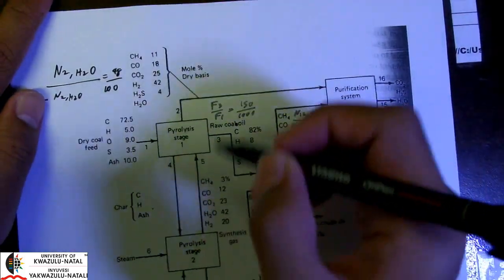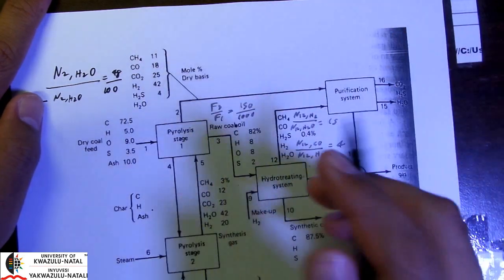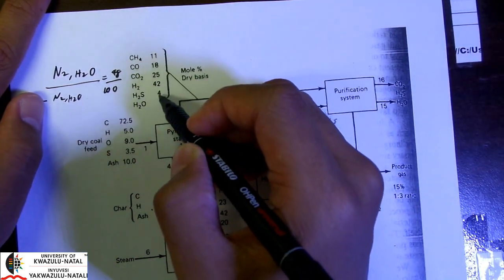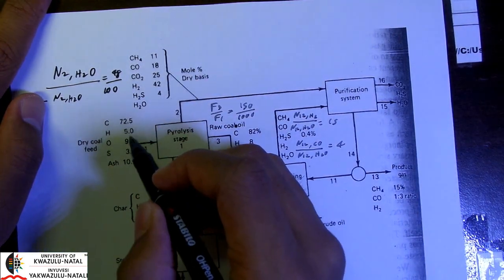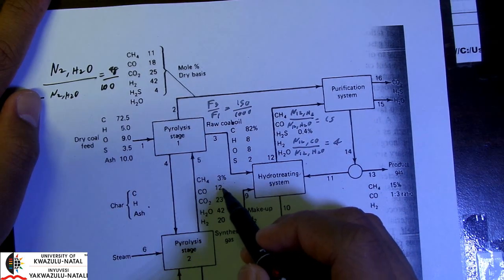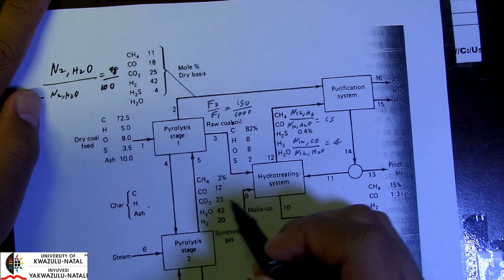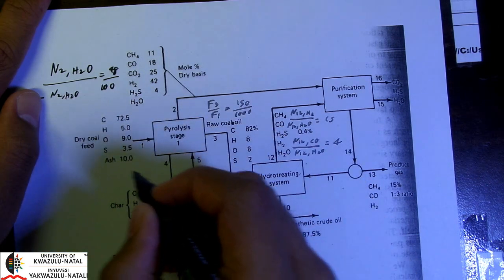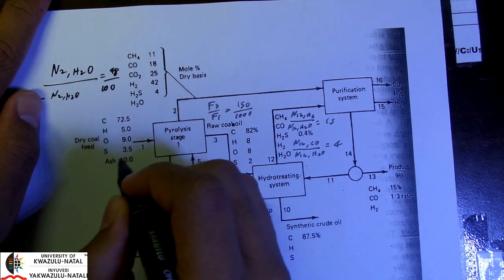And we have the following specified independent compositions. So we have 15 here, and that's excluding ash.